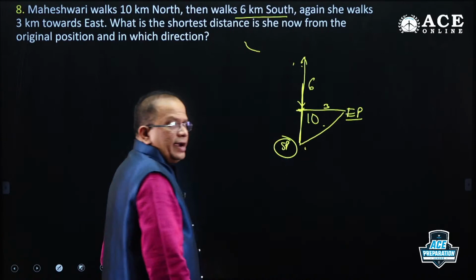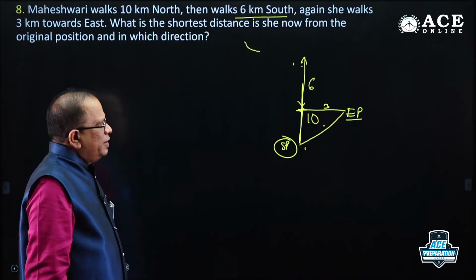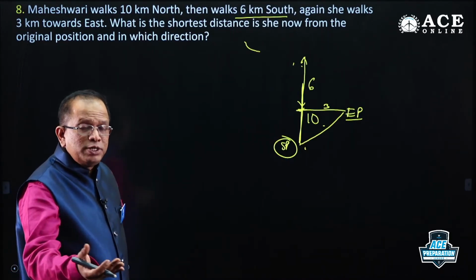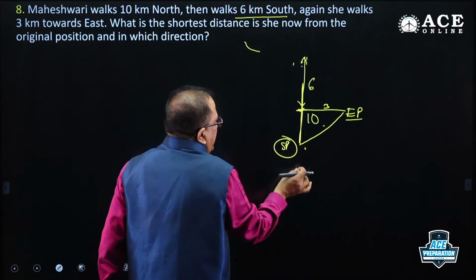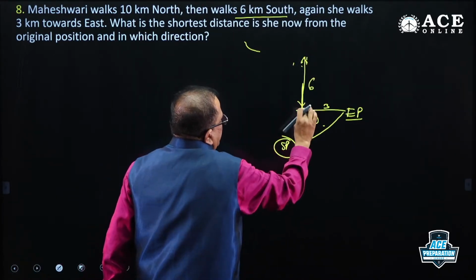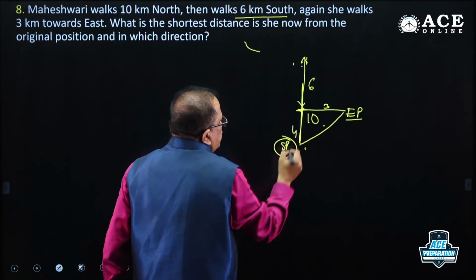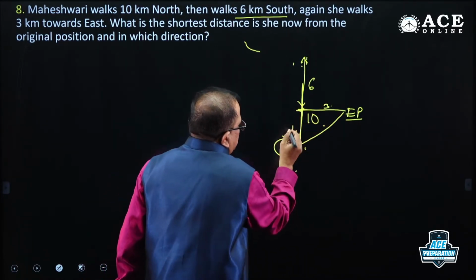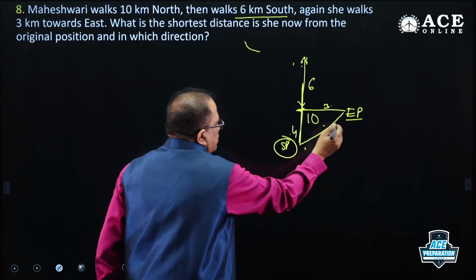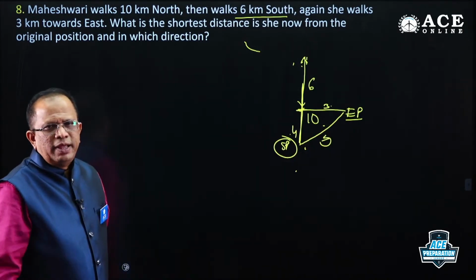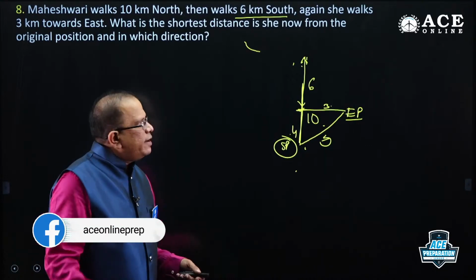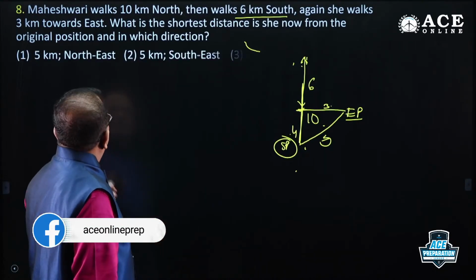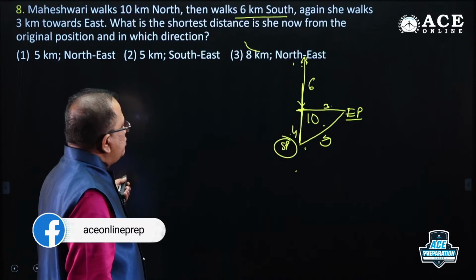Now, if you look at this particular question, you got the opportunity to apply the Pythagoras theorem. From here to here 10, out of this here to here is 6, that means it must be 4. If this is 3, this is 4, this must be 5. Simple. The first combination, 3, 4, 5. So what is the answer? 5 kilometers, but which direction?